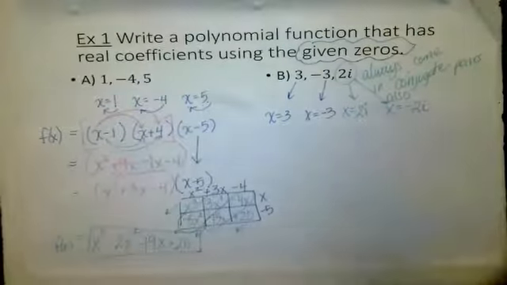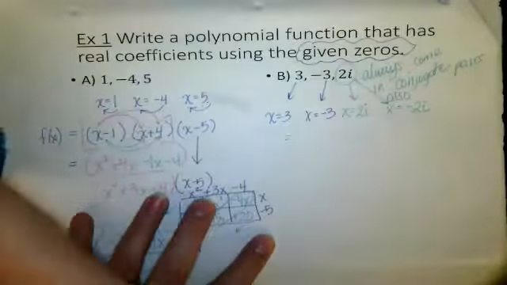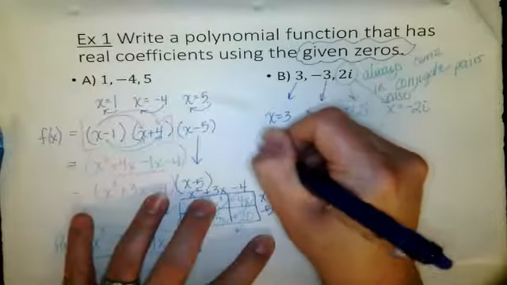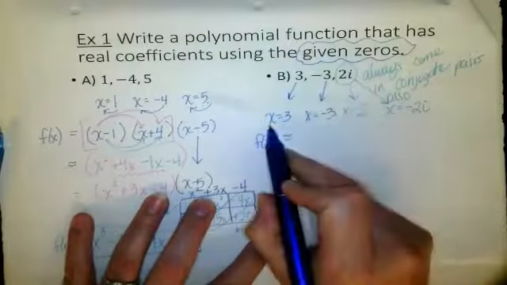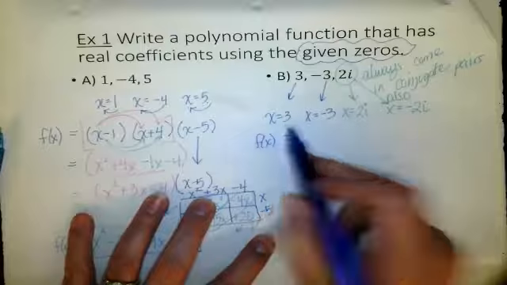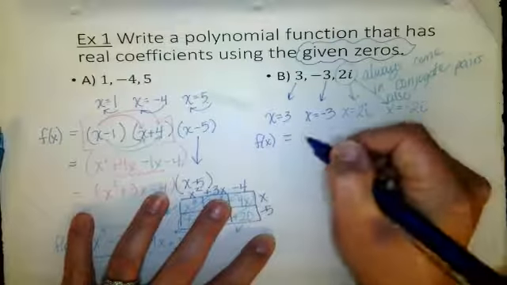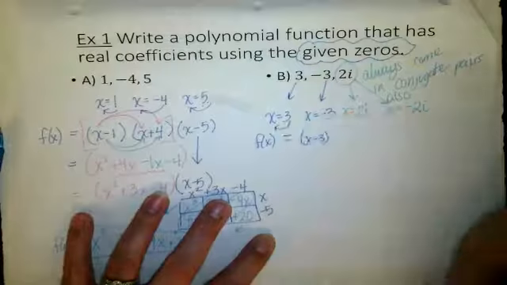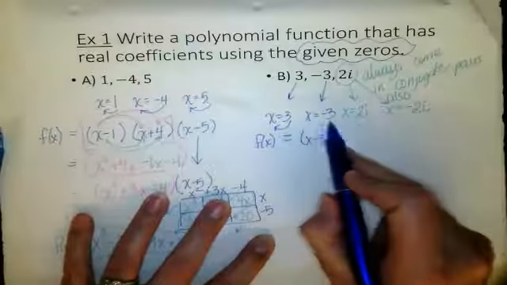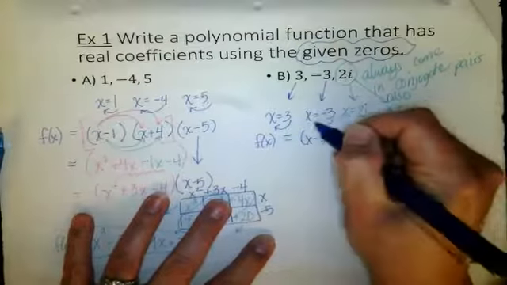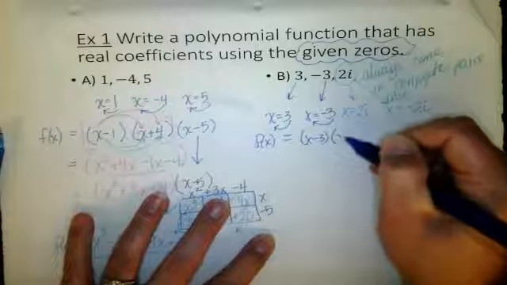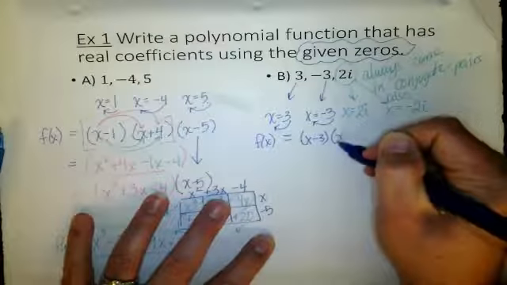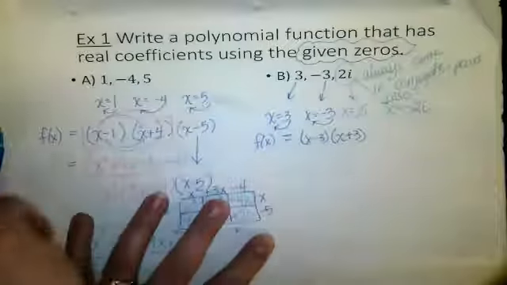And now all I need to do to write my polynomial is convert them into bubbles. If I have x equals 3, what bubble did it come from? x minus 3. All we have to do is move it over by subtracting it. If I have this solution x equals negative 3, what bubble did it come from? x plus 3.